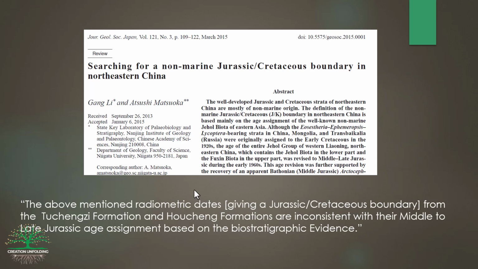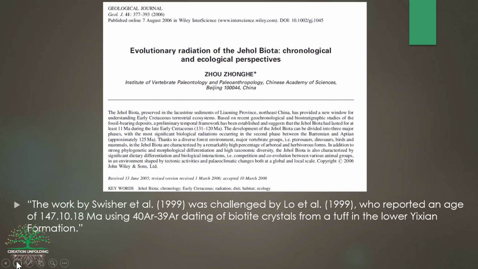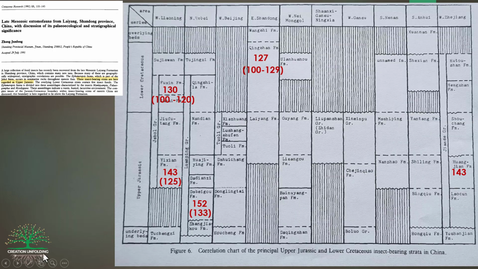The above mentioned radiometric dates, that's the ones giving the Jurassic-Cretaceous boundary age of 145 million years, from the Tongzhengxi formation, which is actually below the Ishian formation, are inconsistent with their middle to late Jurassic age assignment based on the biostratigraphic evidence. In other words, what you've got going on now is below, let me go back to this. Here it is. So here is the formation we're talking about.